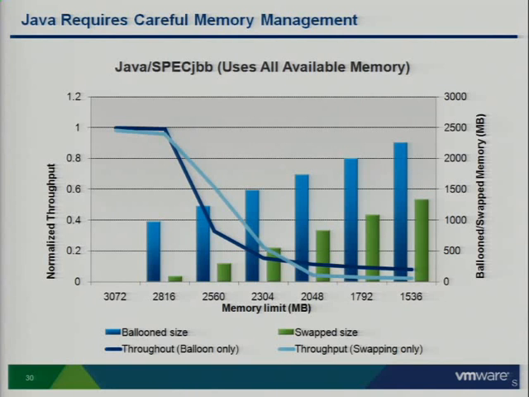The guest operating system, when Java is running, doesn't know anything about memory management. It's the JVM that's managing the memory. So the guest operating system is just as dumb in this case as ESX is. So both the host and the guest are making bad decisions when they're trying to reclaim memory.